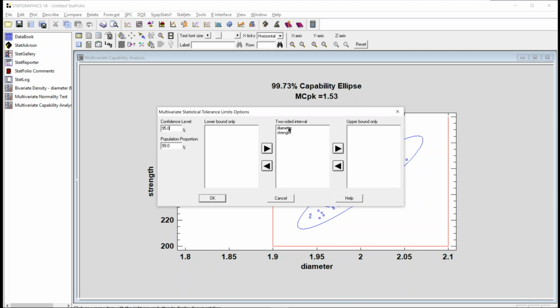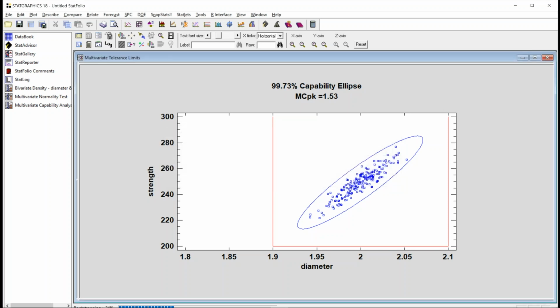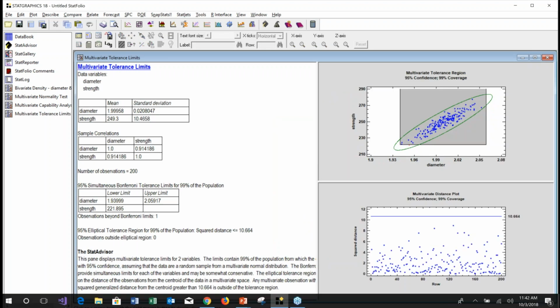There's a two-sided specification interval for diameter. Strength, on the other hand, has only a lower bound. Once I do that, I can ask for the output that I want to see, and it will calculate for me the multivariate tolerance regions.